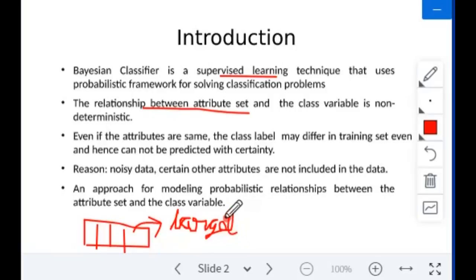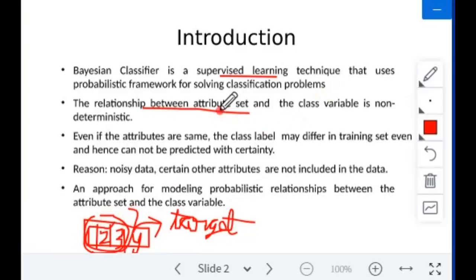So here we will be having a target variable, and this will be the set of attribute 1, attribute 2, attribute 3, like this. Based on these features, the target variable will be decided, written as yes or no, or any other value. So these are nothing but the independent variables.